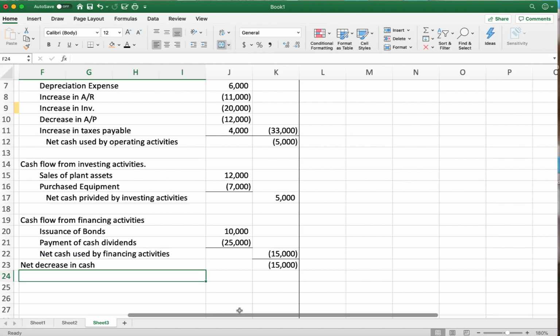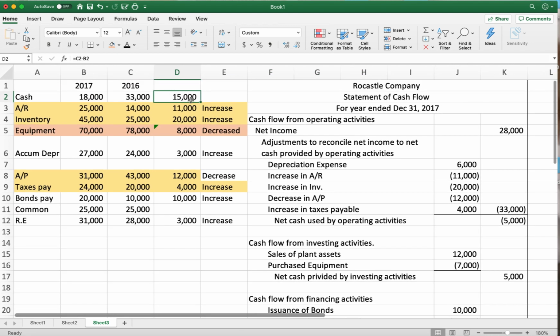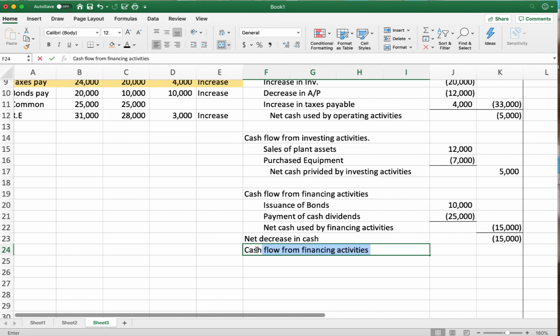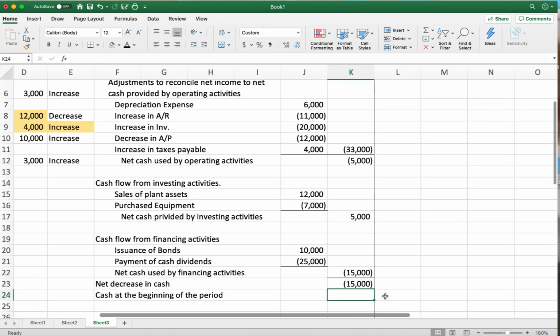Okay, show you something cool. I already knew cash was decreasing by $15,000, right? Because I already calculated from the get-go. Started off with $33,000, ended 2017 with $18,000. So I knew that was going to be there. Now I need to take my cash at the beginning of the period, which they tell me is $18,000.